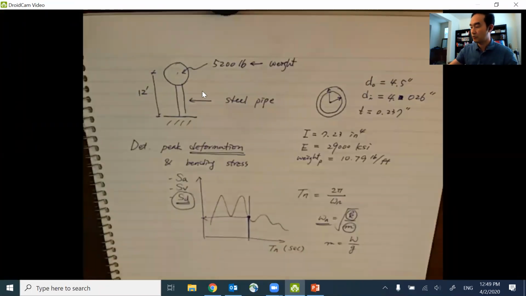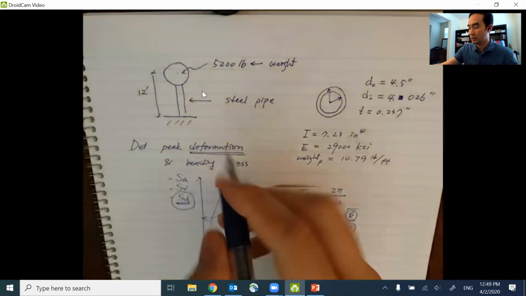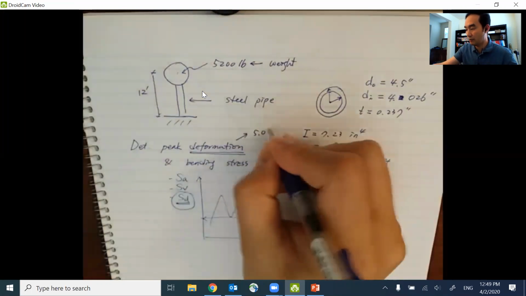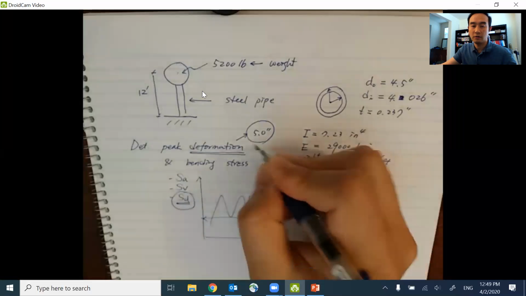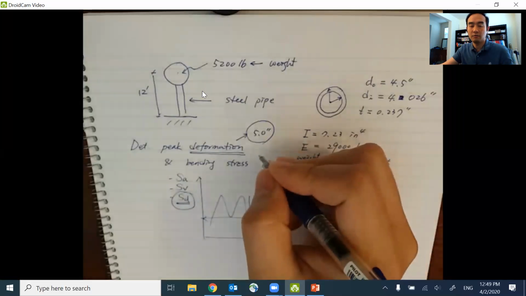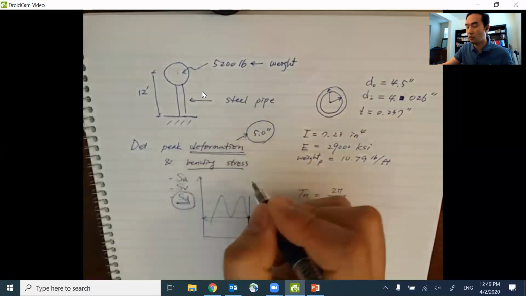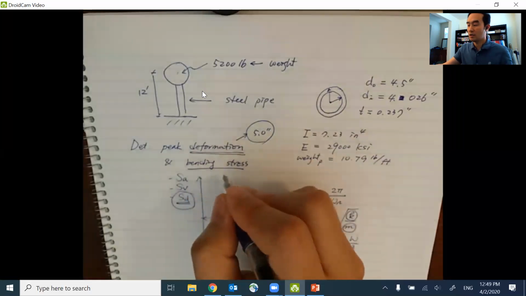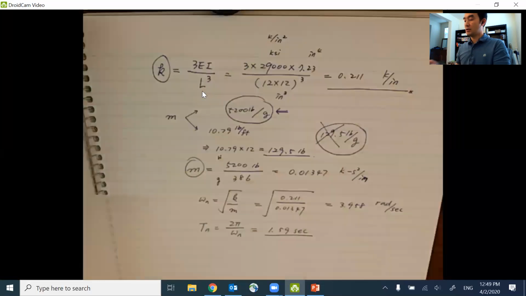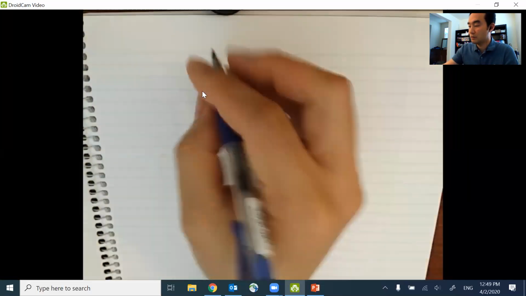Okay, so go back to the problem. The first question was to determine the peak deformation. We just got it as 5.0 inches, and I just explained how to read the combined response spectrum. Now the second part of the question is, what is going to be the bending stress? Remember the bending stress we learned in strength of materials.